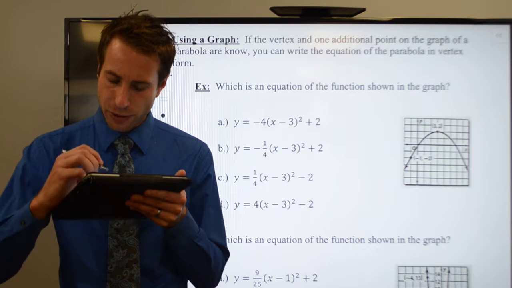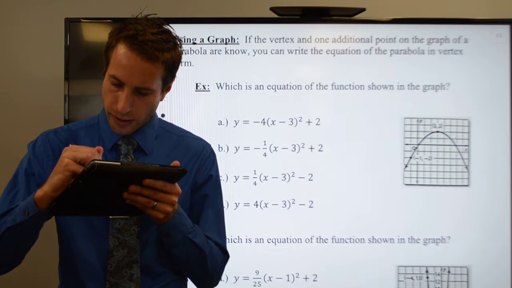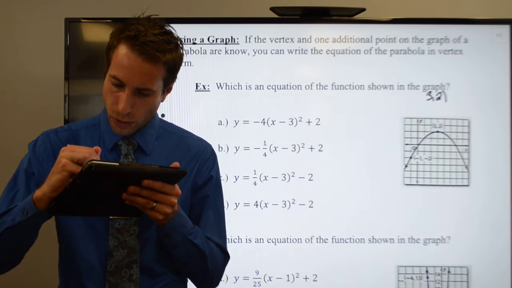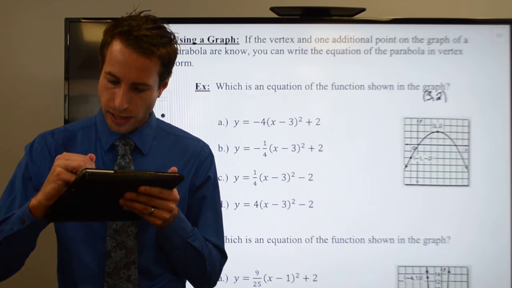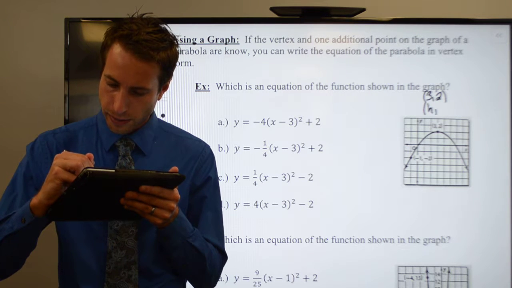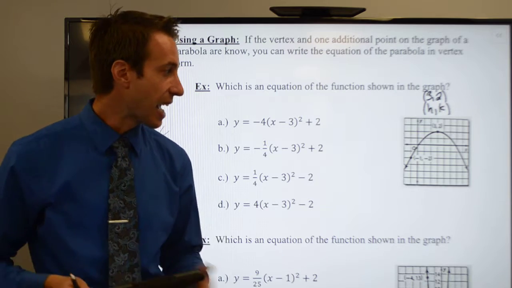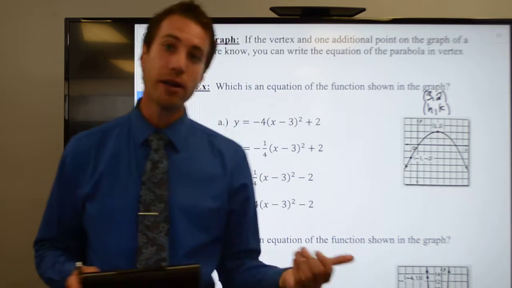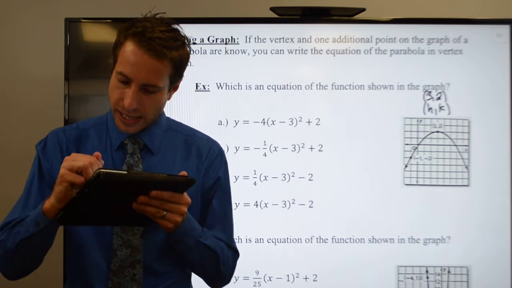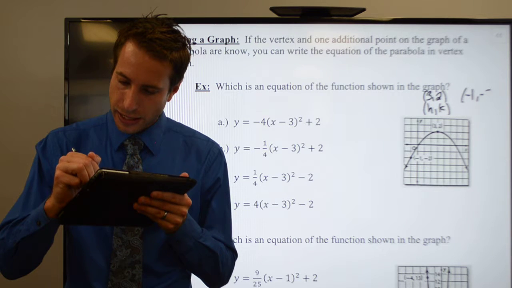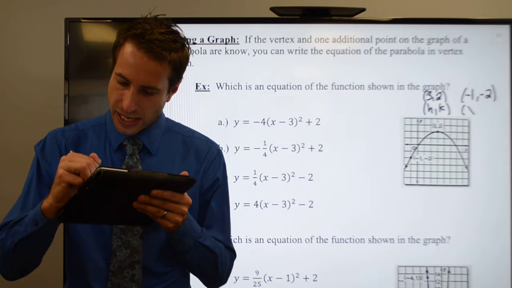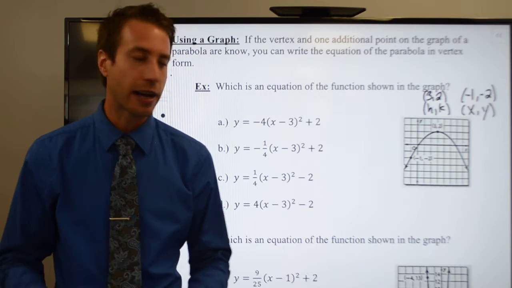I have given you the vertex (3, 2), which of course represents h, k. And I have given you a point on the parabola, (-1, -2), which of course just represents an x and a y value.